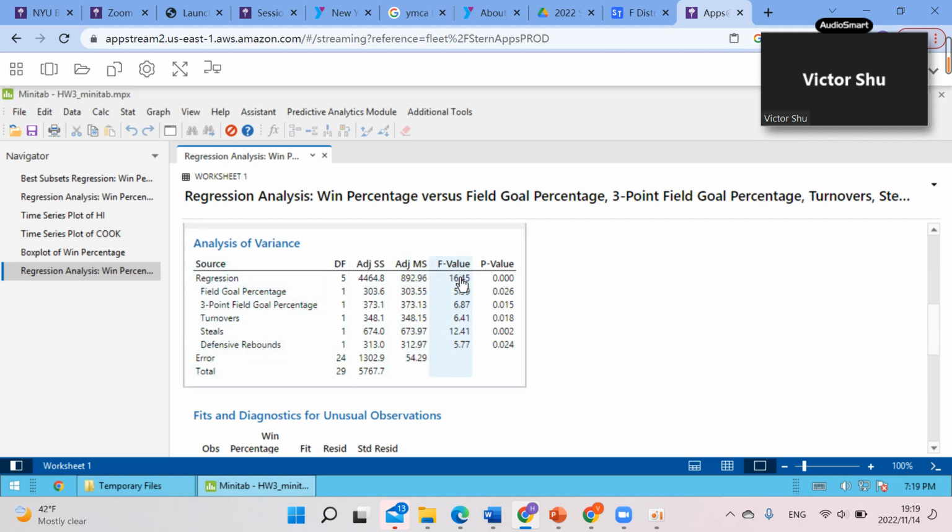I'm going to talk about it later. But basically the p-value from the first row is very small, 0 until the third digit. So basically it says my regression is statistically significant, which rejects the null hypothesis that all the betas equal 0.